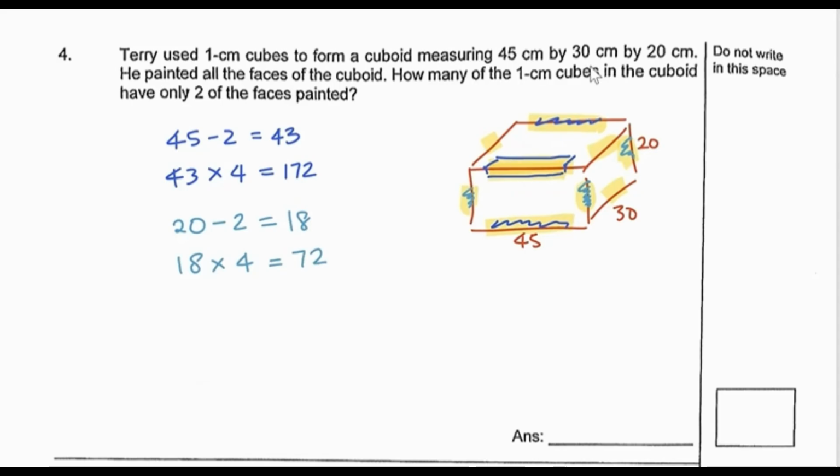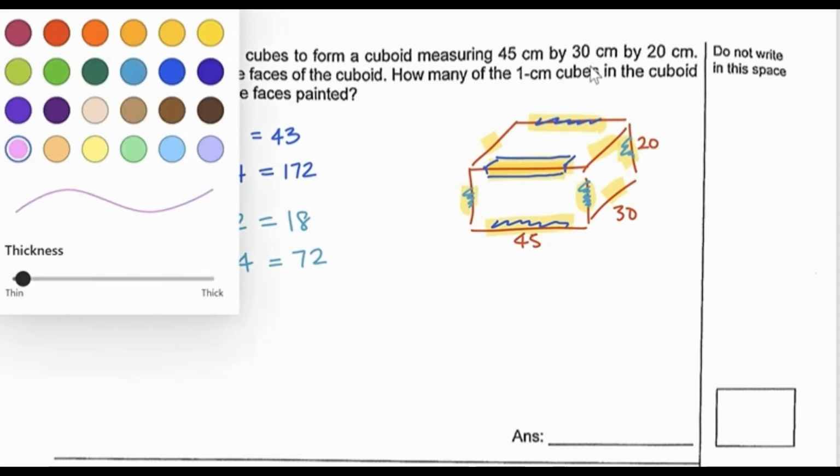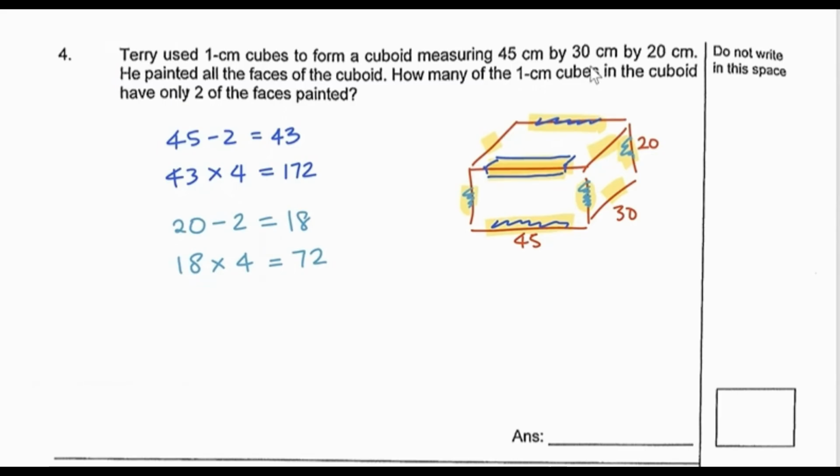Okay, 72. And then lastly, you have this part here, this one, and the bottom one is hidden. That is 30 minus 2, 28. Then 28 times 4 of those, which is 112.